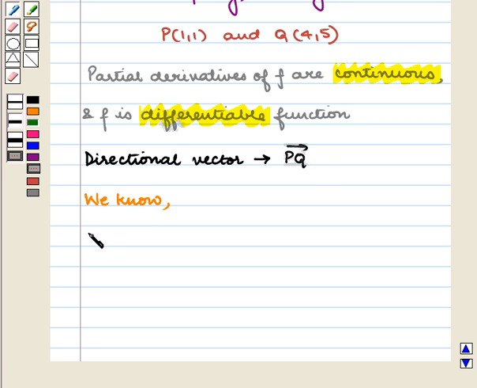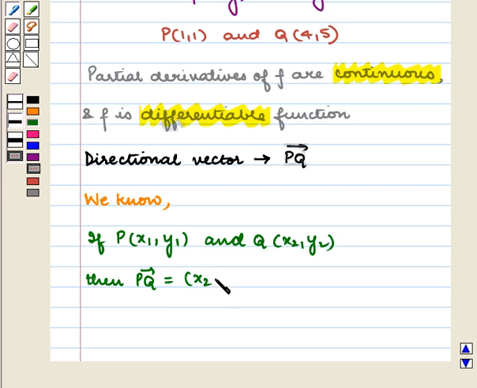Now we know if P is at (x1, y1) and Q is at (x2, y2), then the vector PQ will be equal to (x2 minus x1) i cap plus (y2 minus y1) j cap.